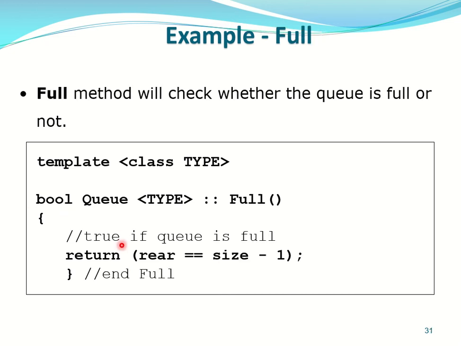Full, you use rear equals to size minus 1, where rear will point at the end of the array index. If rear is at the end of the queue, it returns true, the queue is full. If false, there is still an empty space in the queue for you to enqueue.